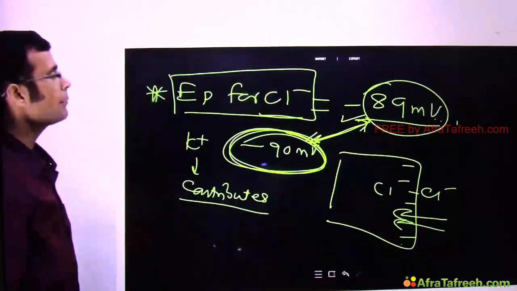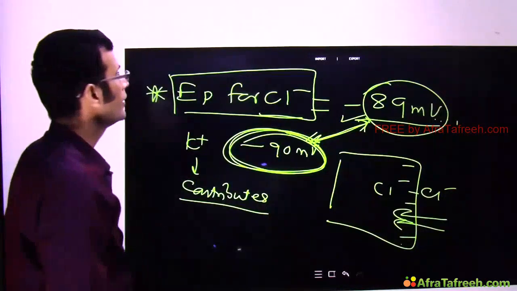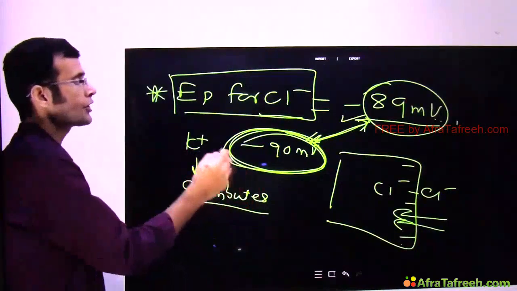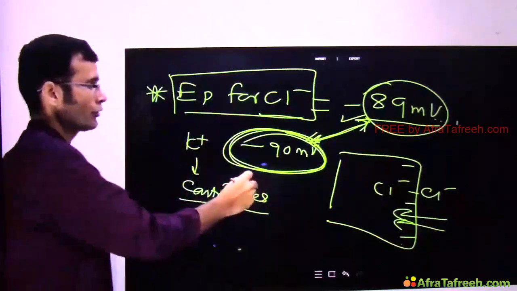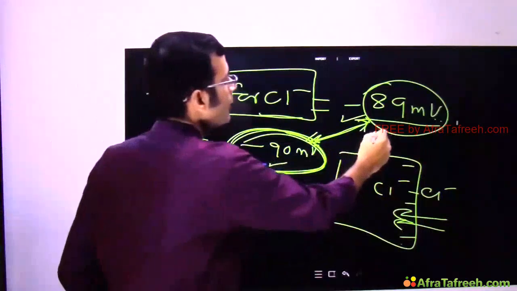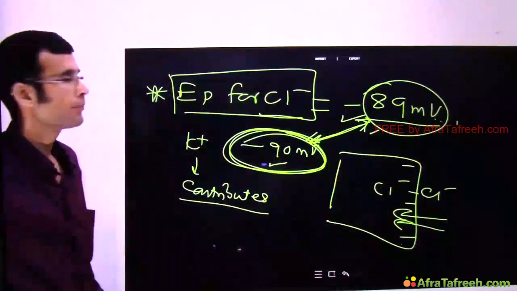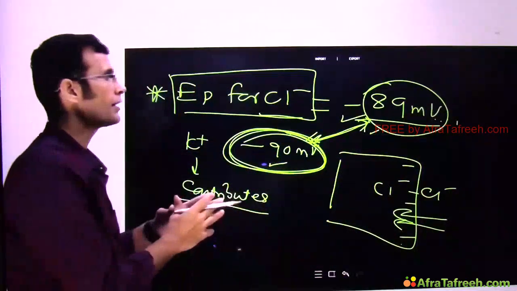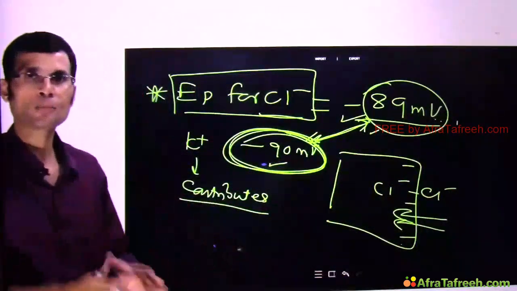So the point I am making is that when membrane potential is very close to the equilibrium potential for an ion, then the ion movement will not be that great. Ion will remain almost in equilibrium.